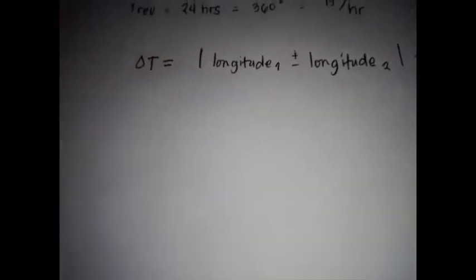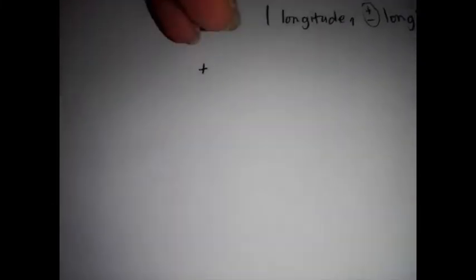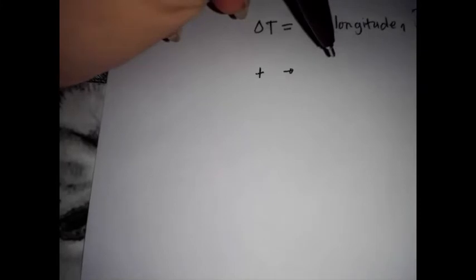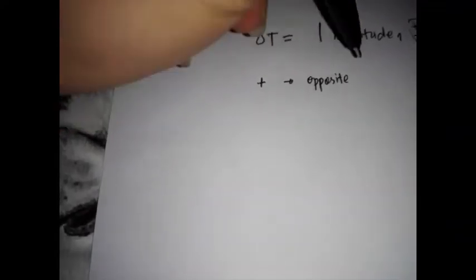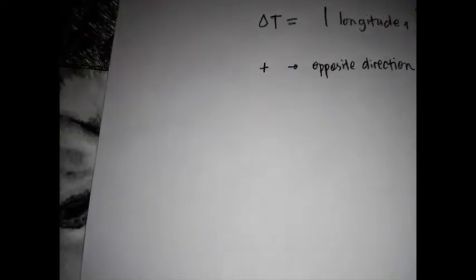At i-multiply natin siya guys na sa isang oras mayroong 15 degrees. So, bakit pala may plus at minus? So, magpa-plus sign ka guys if yung direction nila is opposite. Pag magkaiba yung direction nila guys, magpa-plus ka. Pag minus naman if same sila ng direction.